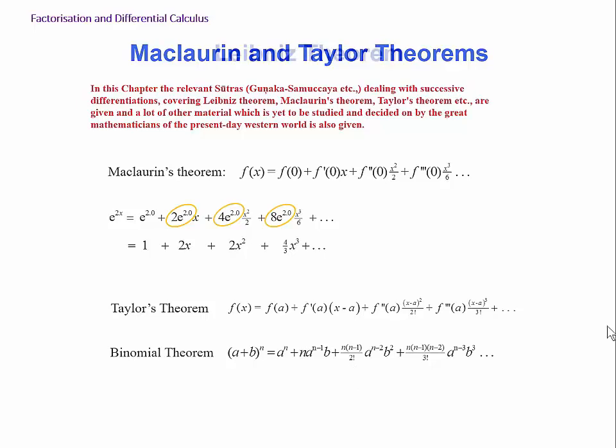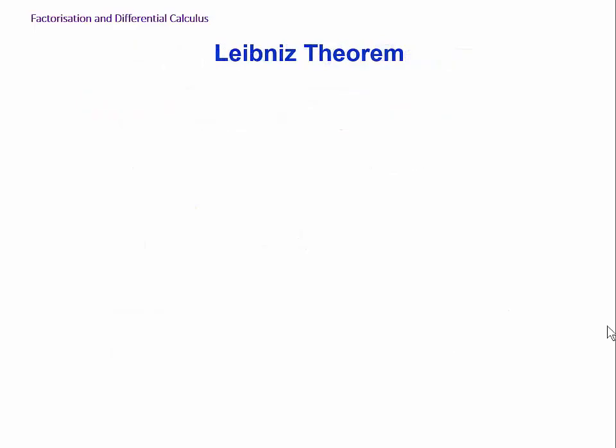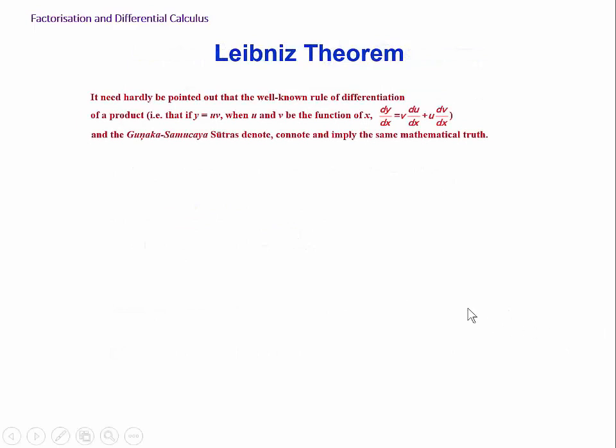Now Leibniz's theorem. In the introduction, Tirthaji says this: it need hardly be pointed out that the well-known rule of differentiation of a product, i.e. that if y equals uv, when u and v are functions of x, dy/dx is v du/dx plus u dv/dx, and the Gunaka Samuccaya Sutras denote, connote, and imply the same mathematical truth.